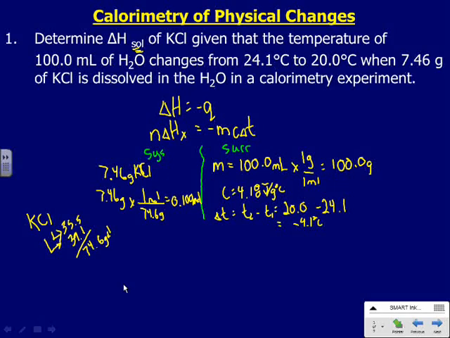Okay, so I've got moles, I've got m c delta T, I should be able to solve for the delta HX.